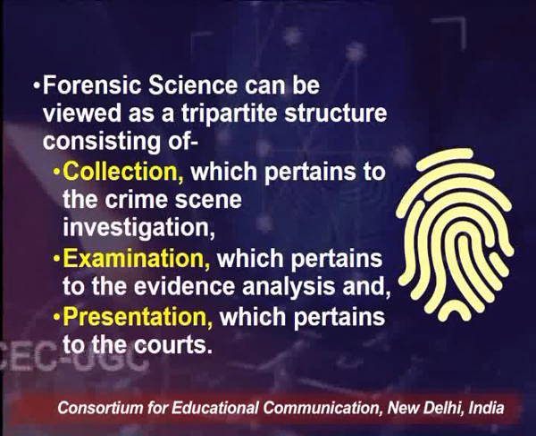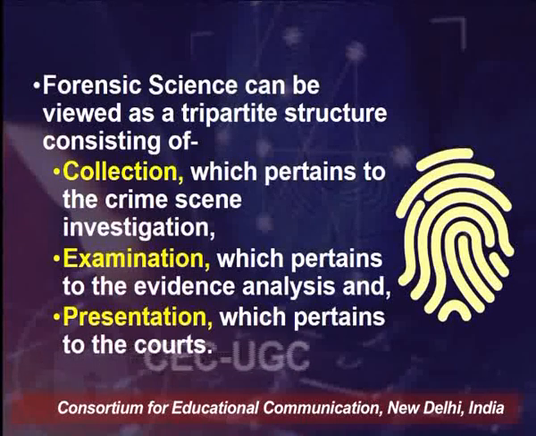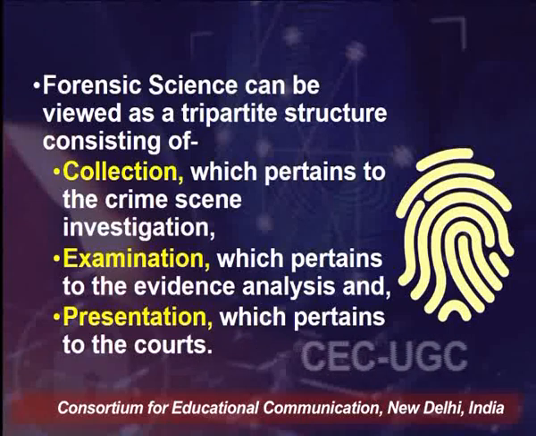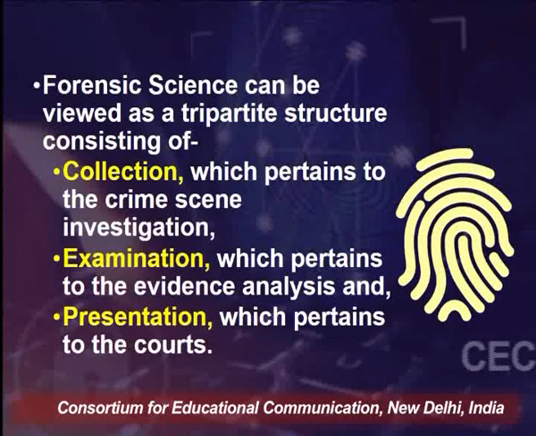Examination pertains to evidence analysis using various preliminary and confirmatory tests, and presentation pertains to the court of law. Every forensic science expert who has done the analysis of a particular evidence has to present his report in the court of law. A forensic case will involve all aspects of each of the three elements we discussed: collection, examination and presentation in the court, each being as important as the other.